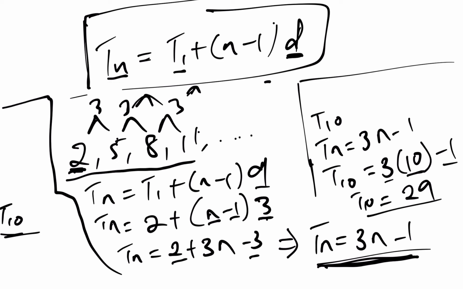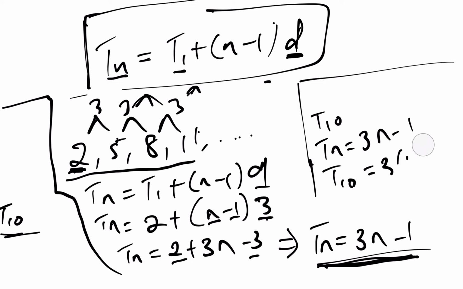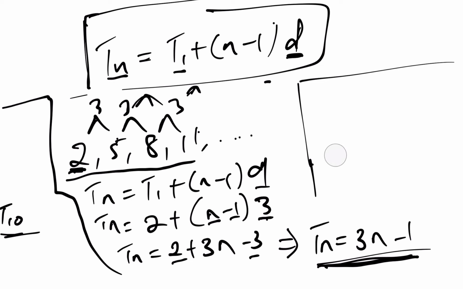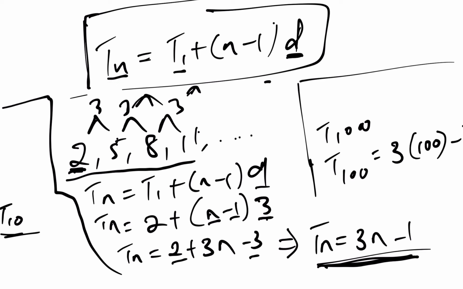So again, if we have to find term number 100, same thing. We say T100 is equal to 3, where it is n, I plug the 100, minus 1.